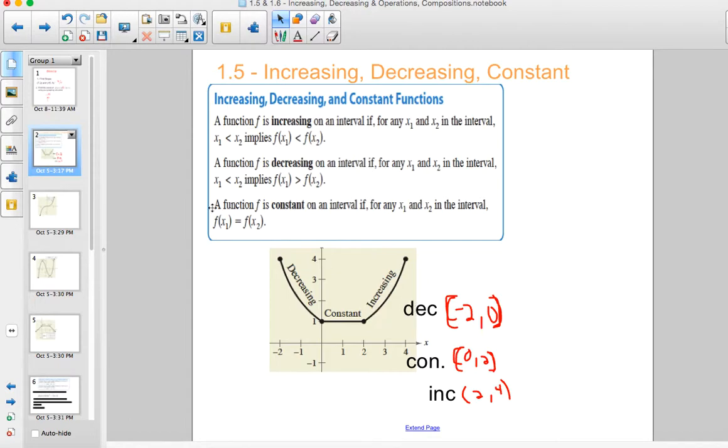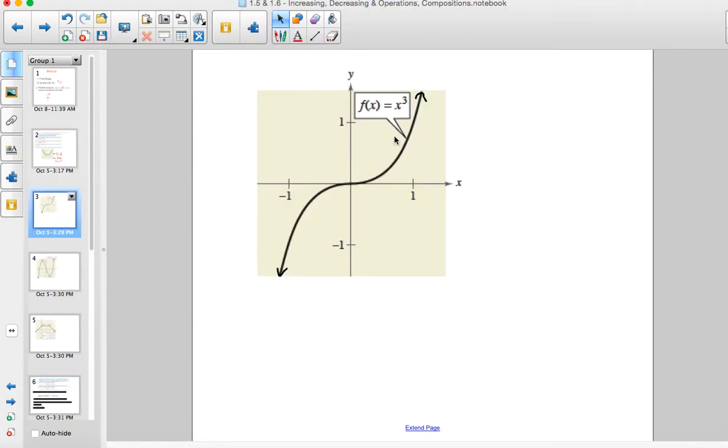Pretty basic. So like this one, this is f of x equals x to the third, right? If you look at it, this is always increasing. It looks like it does level out for a second, but not completely, right?